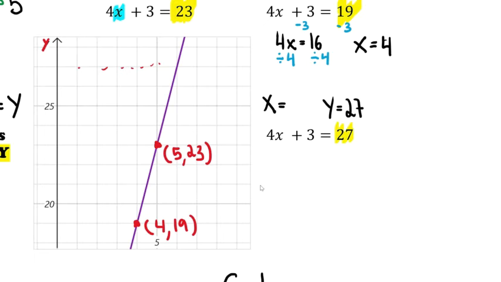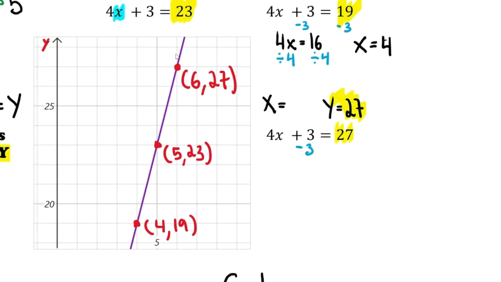So let's see, when y is 27 right here, perfect, what is going to be our x? Well, visually, we can see that x is going to be 6, 27. Let's make sure, though, that we found the correct answer. That when y is 27, x should be 6.